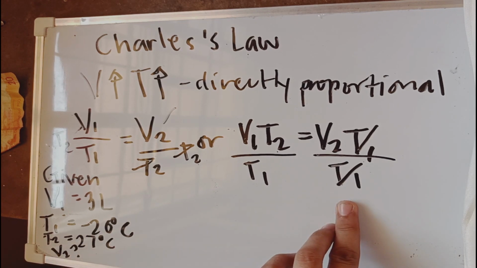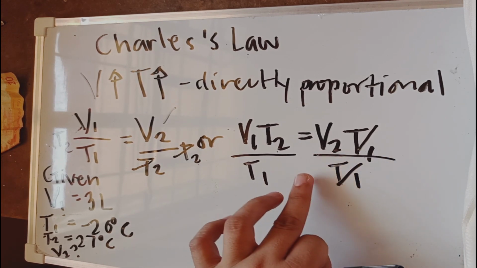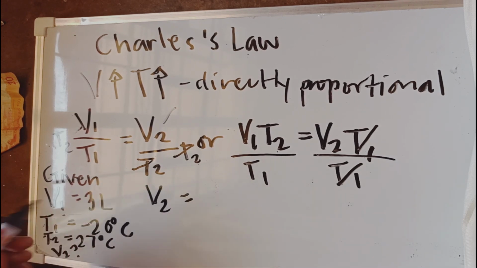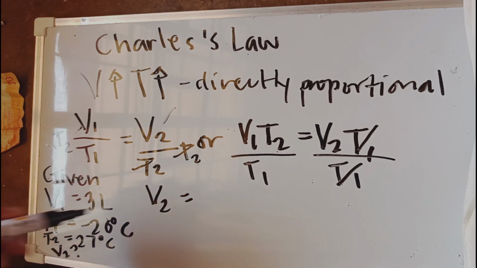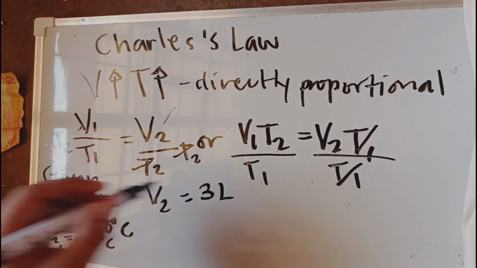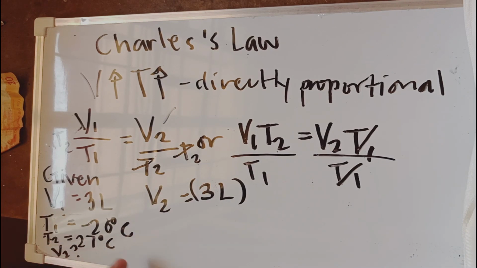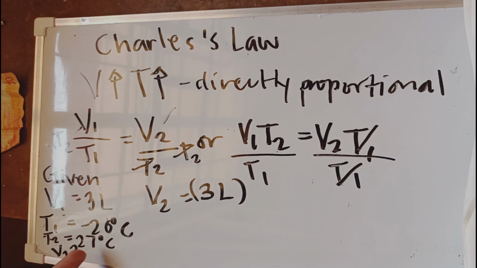Look at the formula that we derived earlier. Volume 2 equals volume 1, which is 3 liters, multiplied by temperature 2, which is 27 degrees Celsius. To turn this into Kelvin, you just add 273.